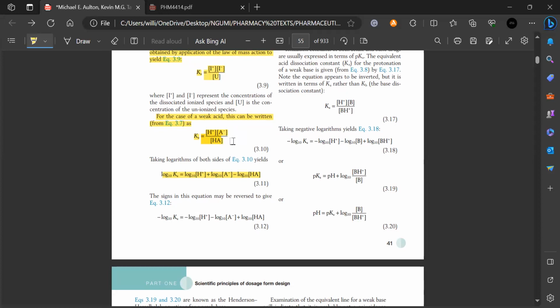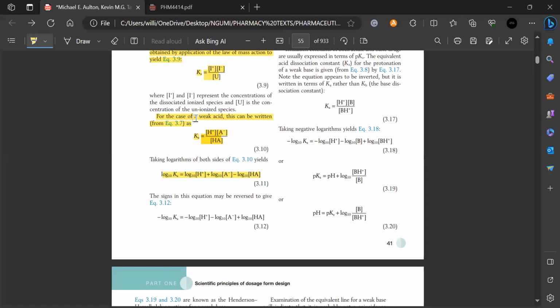So I'll start again from this reaction here, the one we have here. So Ka is equal to H plus times A minus over HA. So we've said if we turn everything to logs, multiplication is usually addition and division is usually minus.